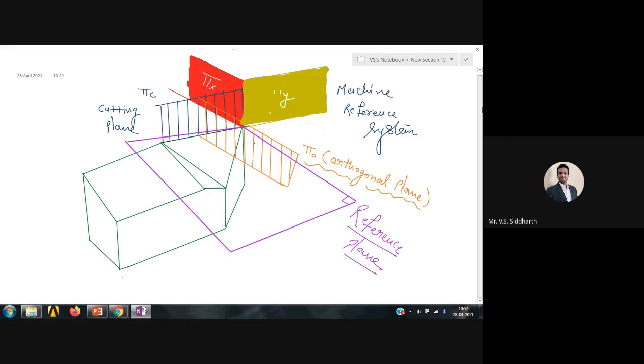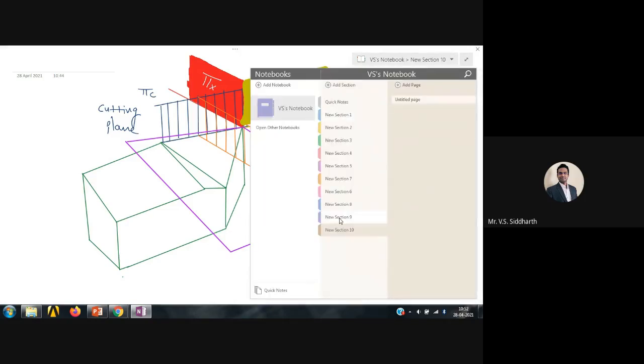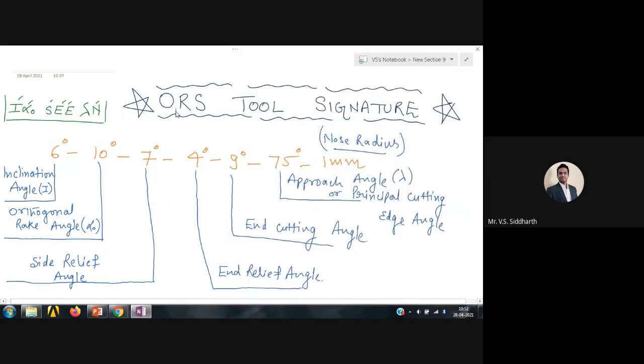Basically, if you see the tool signature, only two angles are mostly changing, which is the inclination angle and the orthogonal rake angle. The relief angle and cutting edge angle are the same, and only the approach angle is changing.